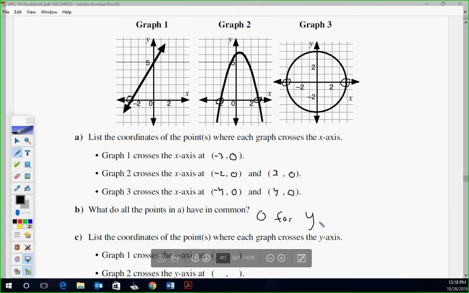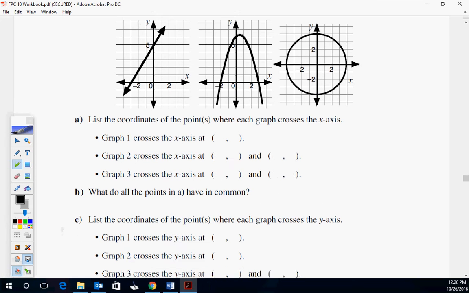Okay, we're going to do the same thing for C, but we're going to do the Y-intercept. So we're going to be looking at these spots here, here, there, and there. All the spots where it crosses the Y-axis. Okay, let's move it up just a little bit.